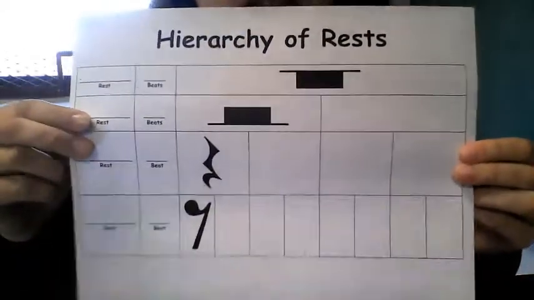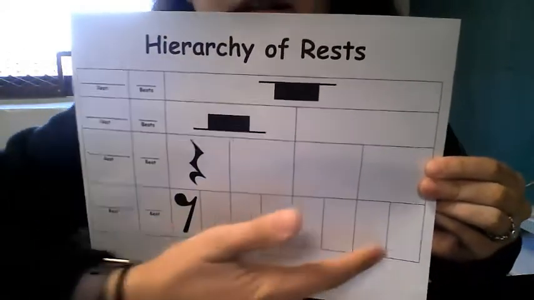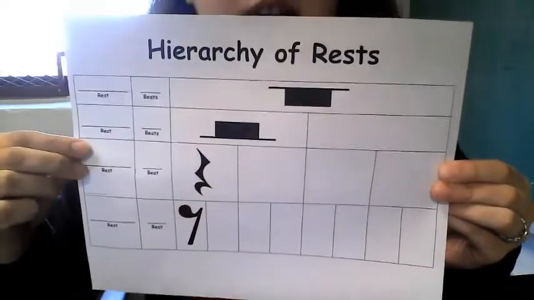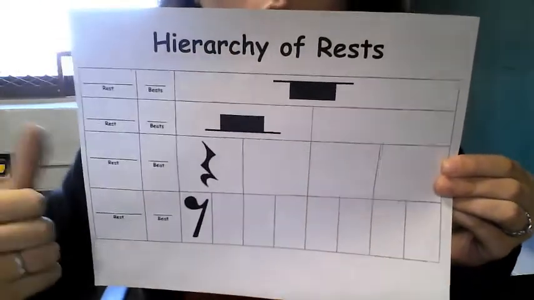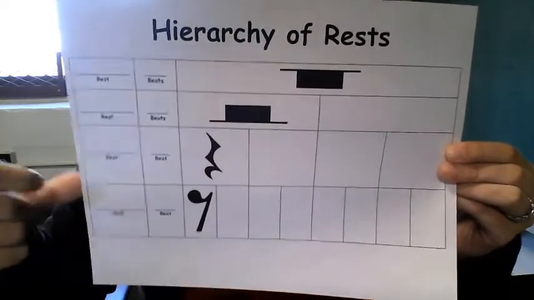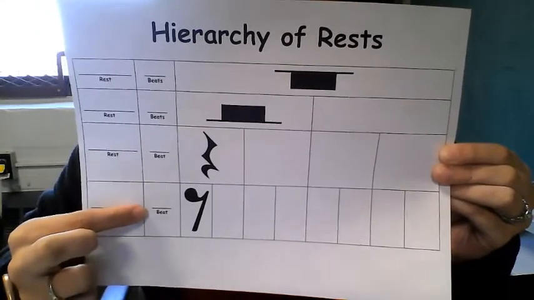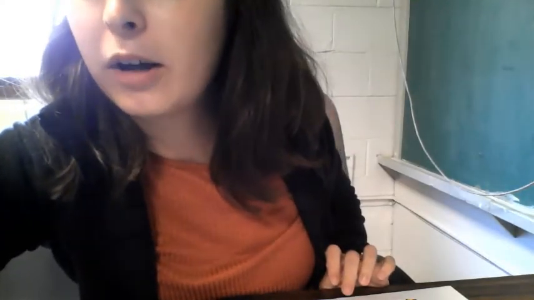And last but not least, we have our eighth rest, because there's 1, 2, 3, 4, 5, 6, 7, 8 eighth rests in a whole note. Eighth rests, half of a beat. When you are drawing your eighth rests, there's a trick to your eighth rests as well.